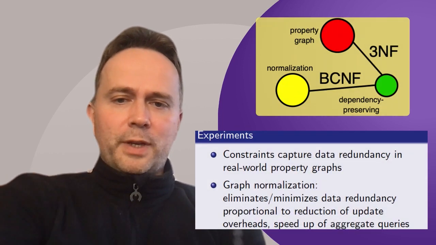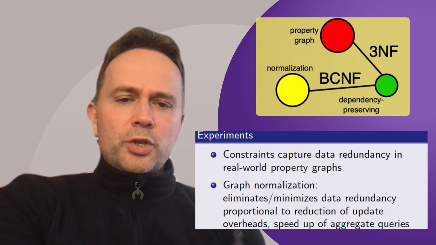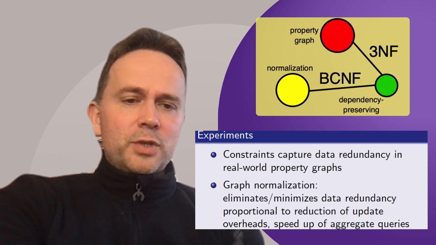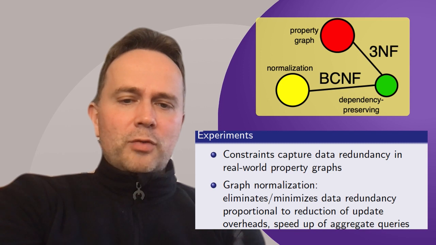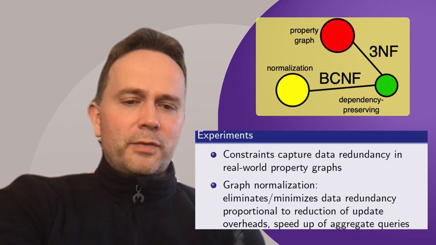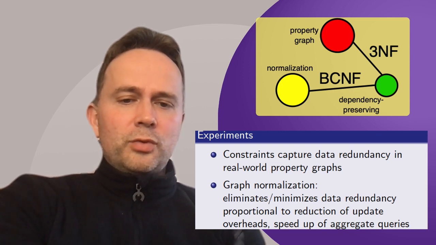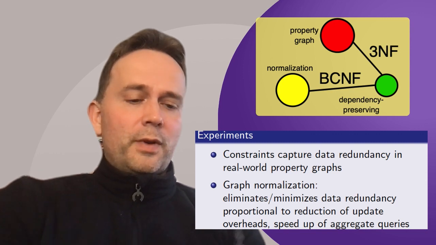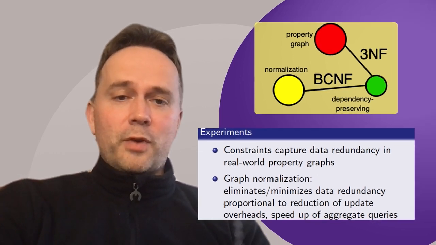That is FD preserving. In our experiments, we show that constraints capture data redundancy in real-world property graphs, and that our graph normalization process actually eliminates or minimizes data redundancy, proportionally to the reduction of update overheads and speed-up of queries such as aggregate queries, for example.